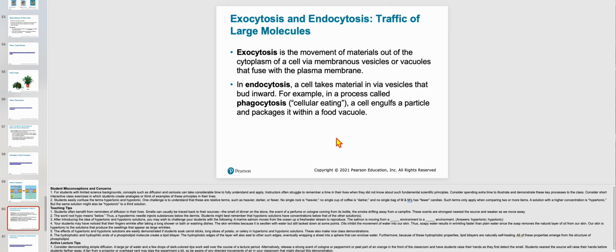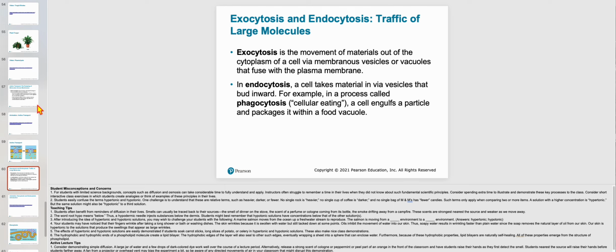It's the same thing, except instead of taking solids, it takes liquids. So phagocytosis takes in solids. That's what white blood cells do to bacteria, and pinocytosis takes in liquids. Something like a food vacuole would do.